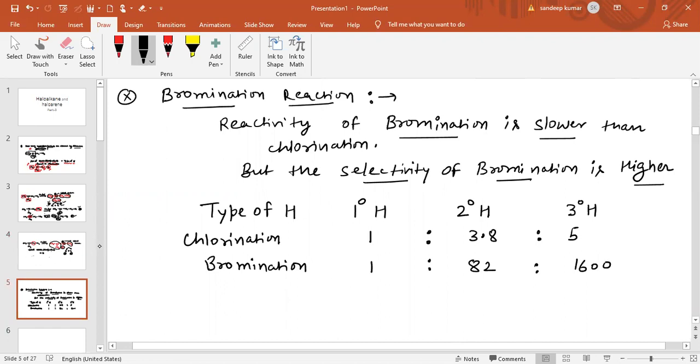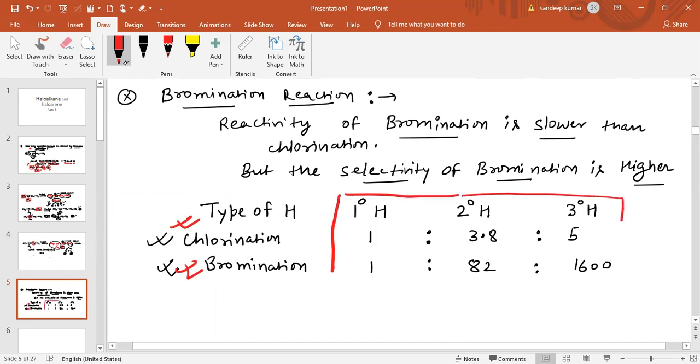So this is the selectivity in case of chlorination and in case of bromination. Please remember this. This is for chlorination, this is for bromination, and it depends on the type of hydrogen.